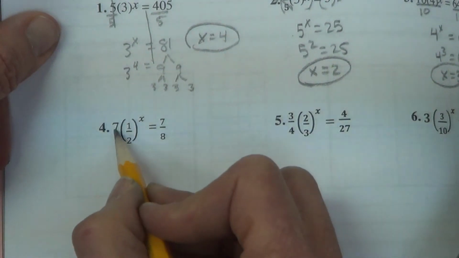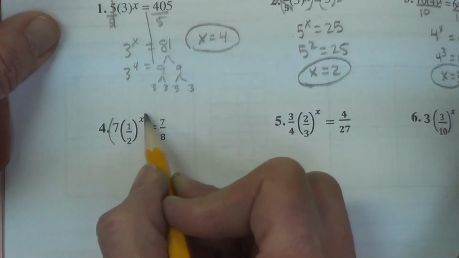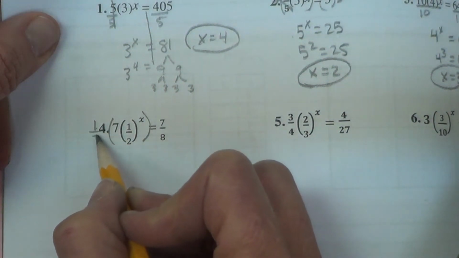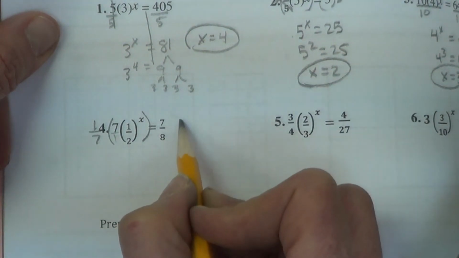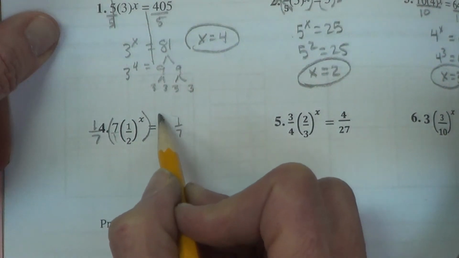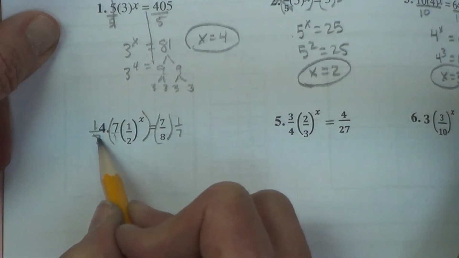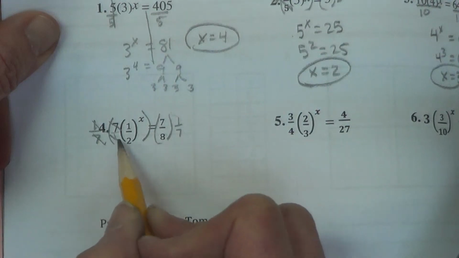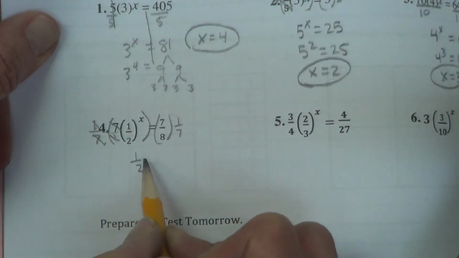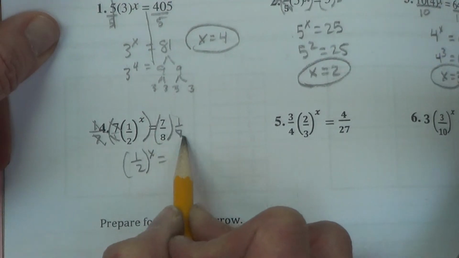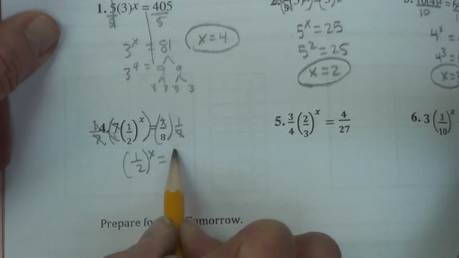Okay, we have times 7 here, so we'll multiply by 1 over 7, because that 7 was over 1. Multiply this side by 1 over 7. The 7s will reduce, 1s will reduce. We have 1/2 to the x equals, the 7s reduce, 1 over 8.